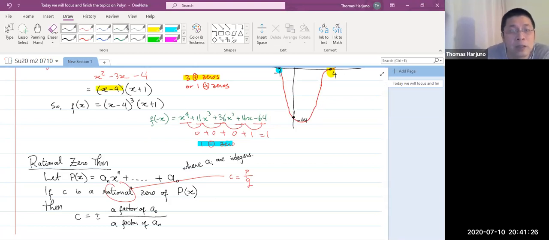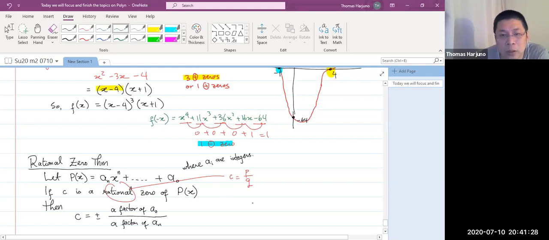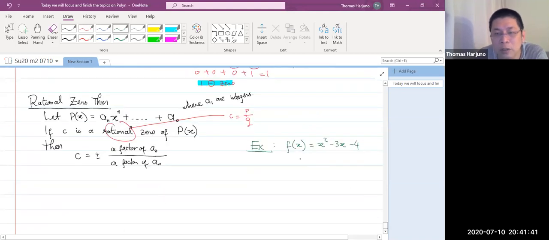Let's try to explain this a little bit, using something we have done before. For example, if I have f of x equals x squared minus 3x minus 4, if you factor this, you will see that the zeros are 4 and -1.